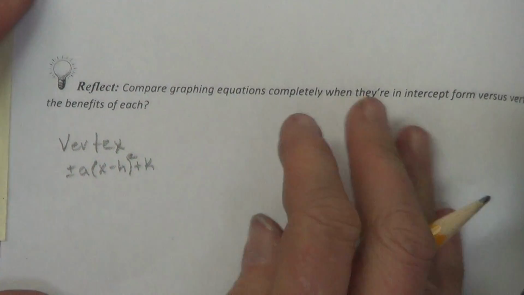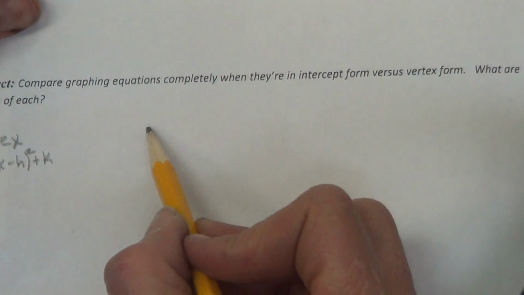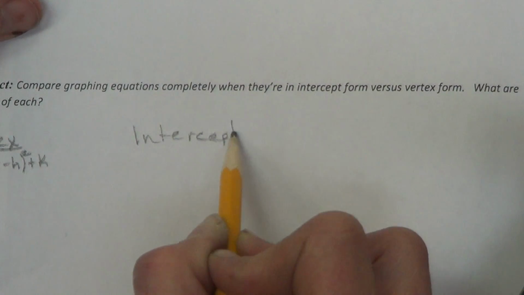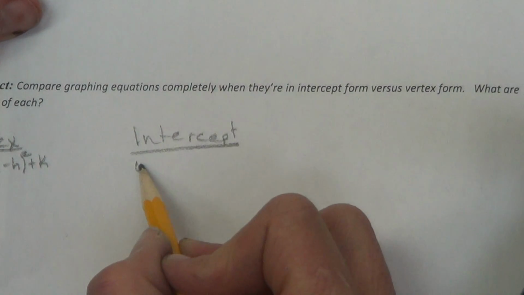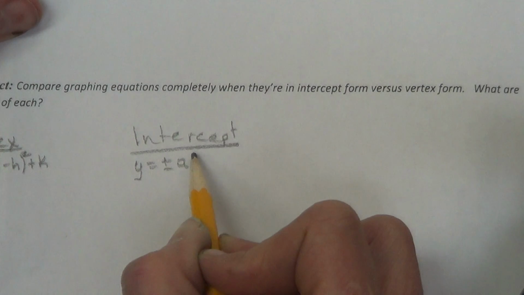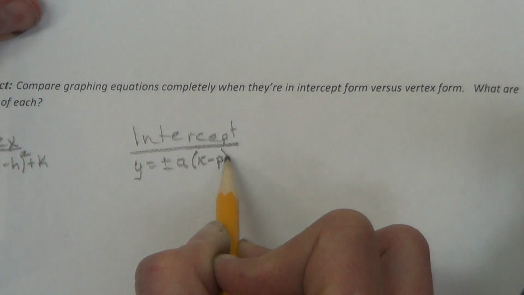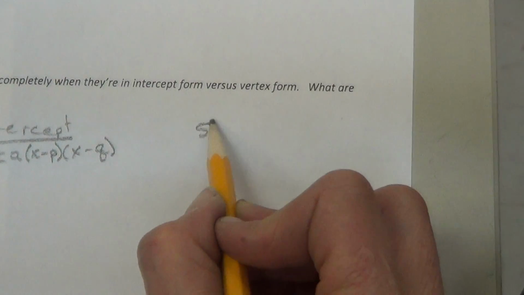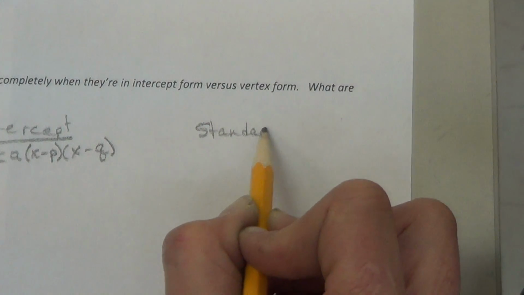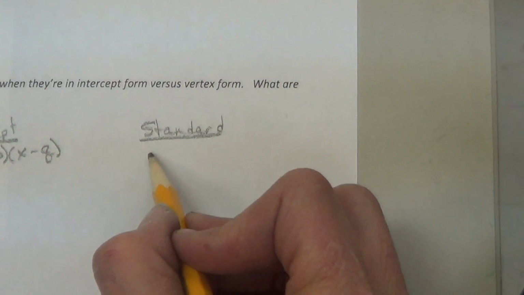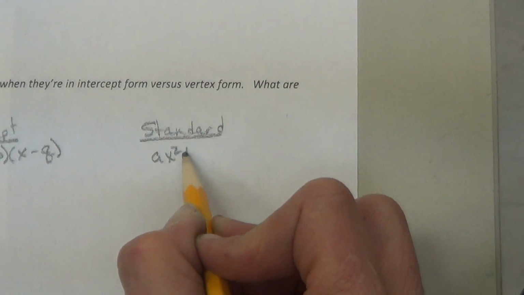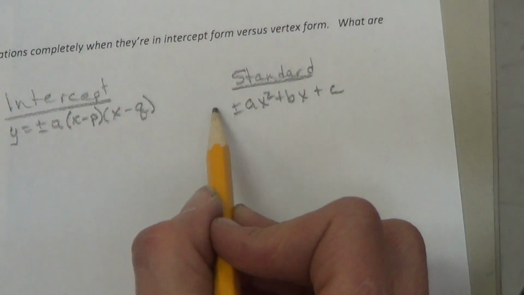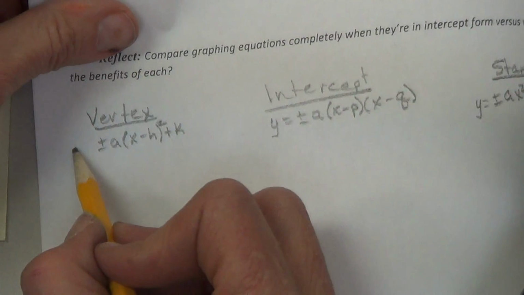Intercept form is y equals plus or minus a times x minus p times x minus q. And standard form is y equals plus or minus ax squared plus bx plus c. Okay, all of these have the y equal to them when you're graphing, or f of x equal.